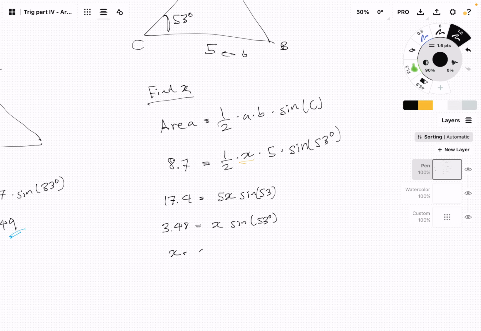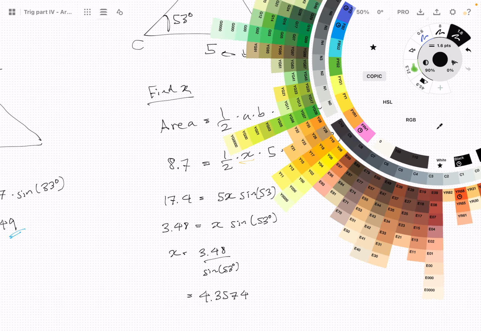And x would be 3.48 over sine 53 degrees, which is 4.3574. So that's the first application.